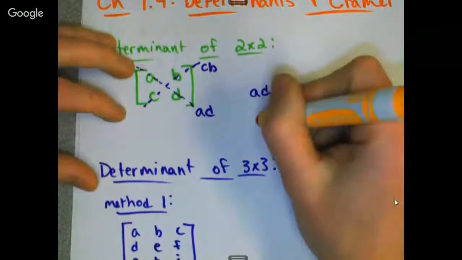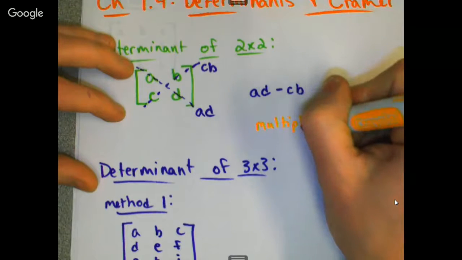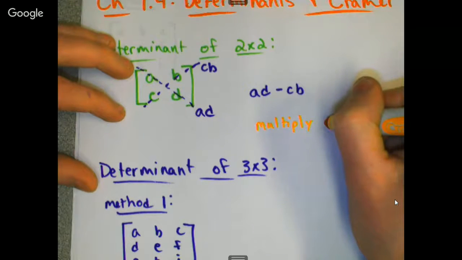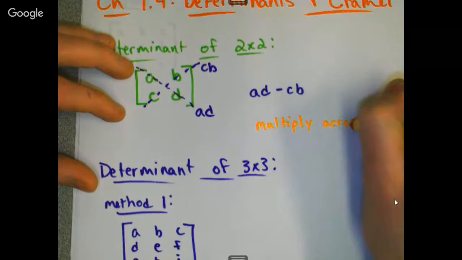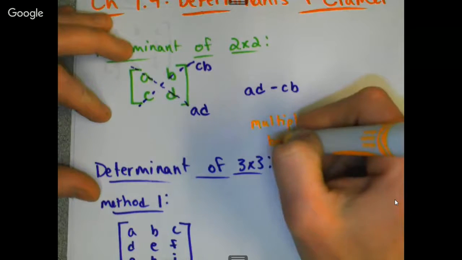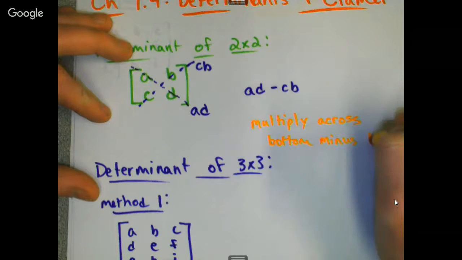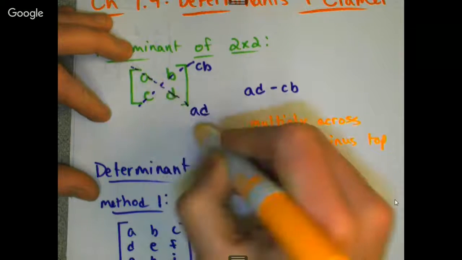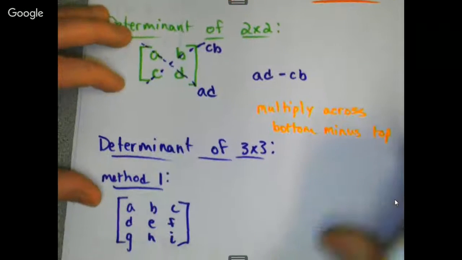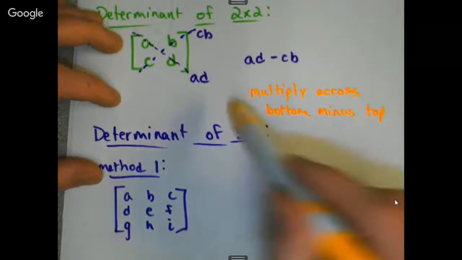We say multiply across, meaning diagonally, and then bottom minus top. Okay, so multiply across, bottom minus top. Now that's for 2 by 2.